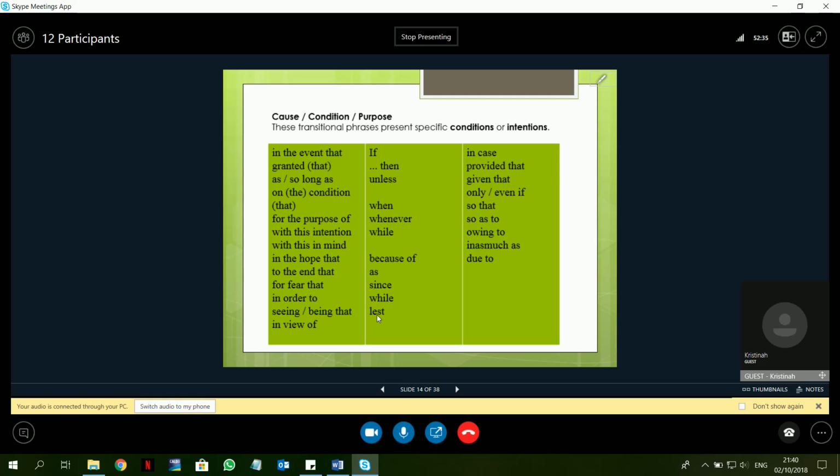First, the first column, in the event that, granted that, as long as, for the purpose of, with this intention, with this in mind, in the hope that, in the end that, for fear that, in order to, seeing or being that, in view of. And the next one, could you read this please?